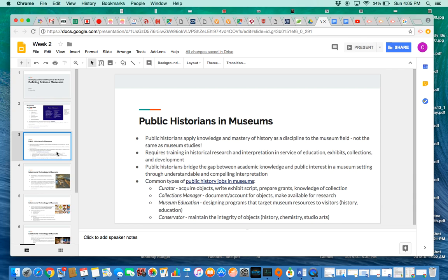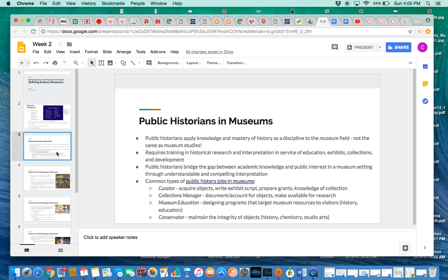Whereas historians are coming from a role of expertise, just like we would see in the sciences or anthropology, and using our experience with historical research and interpretation, going into the archives, analyzing primary and secondary sources, to contribute to all the different aspects that are present within a museum, which range from educational programming, exhibit programming, collection acquisition, and development, fundraising type of work.